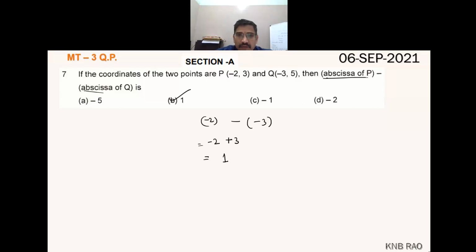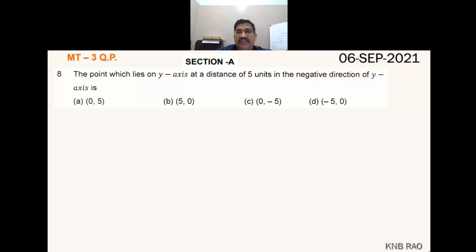Question number 8. The point lies on the y-axis at a distance of 5 units in the negative direction of the y-axis.